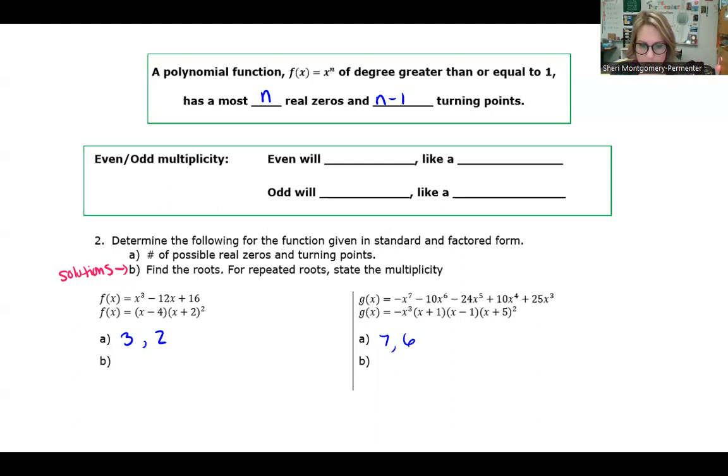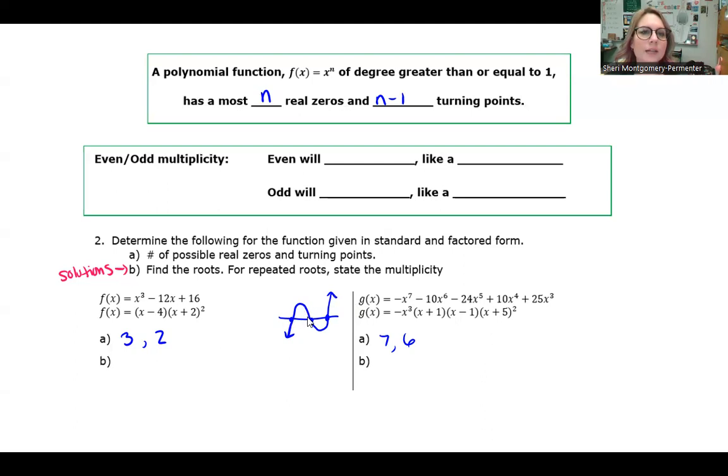zeros, so if I've got a function and it crosses the x-axis 3 times, is this one positive or negative? Positive, you look at the very first term, it's positive. So I would start up and I just wiggle through. It has a degree of 3. So I know that my function would be odd, so I'm pointing in opposite directions.